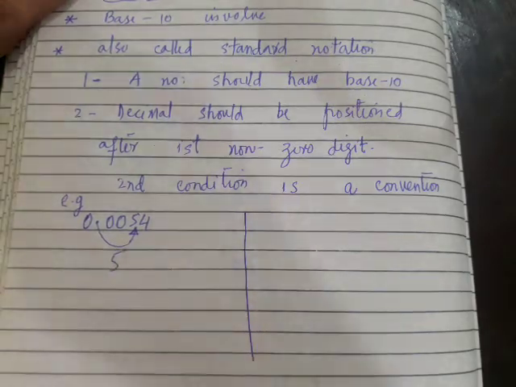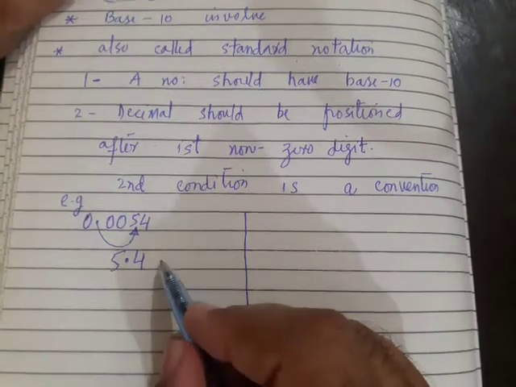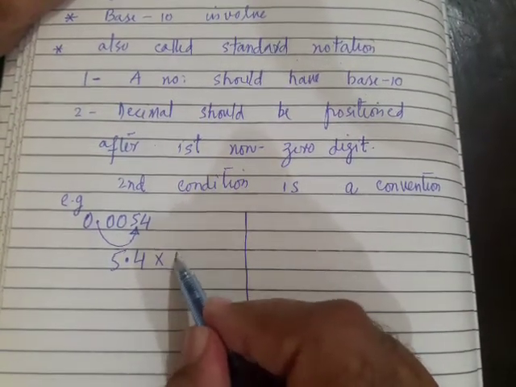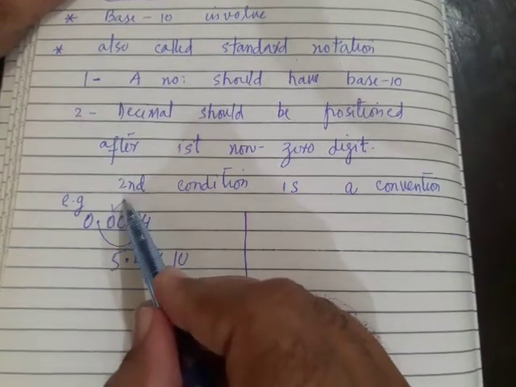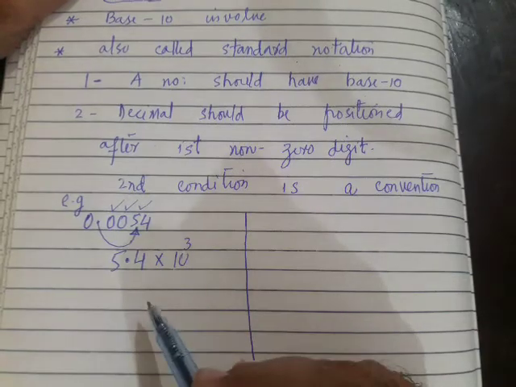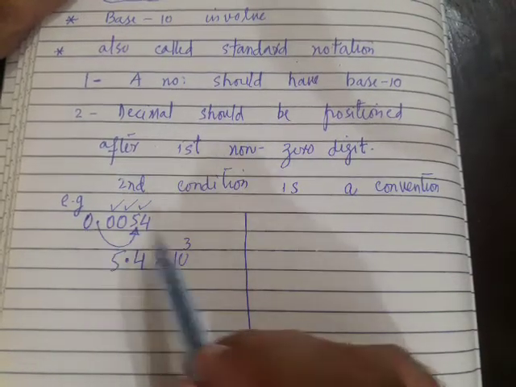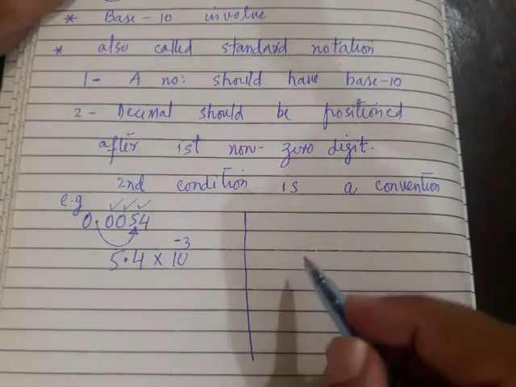So the number becomes 5.4. Now we have moved the decimal point 3 digits: 1, 2, 3. So it becomes 10 raised to power 3. And since it is moved from left to right, we place a negative sign.